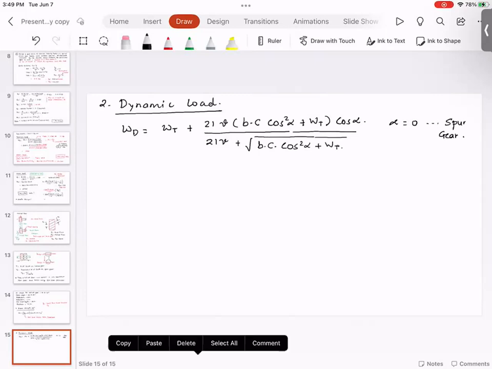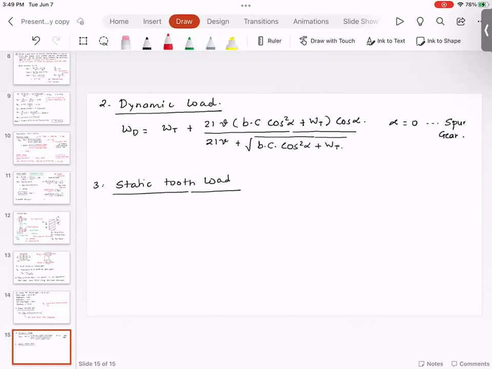Step 3, static tooth load. And static tooth load is Ws equals sigma E times B times pi M times Y prime. And we need to make sure that WD is less than Ws.